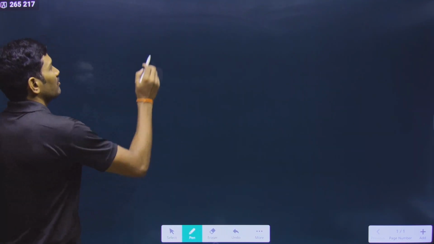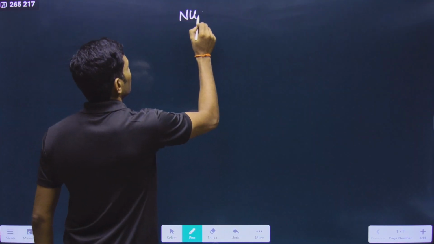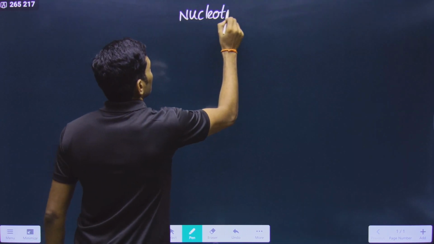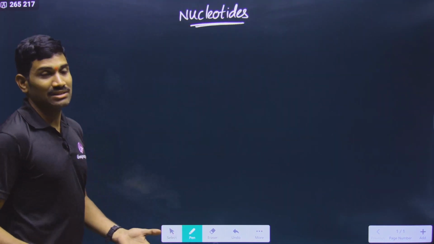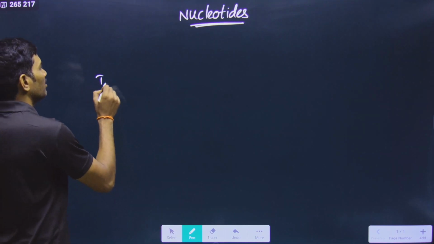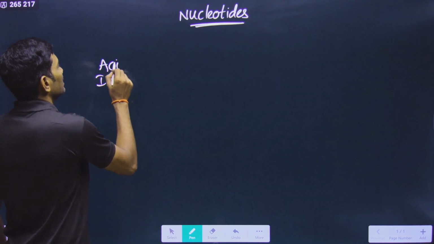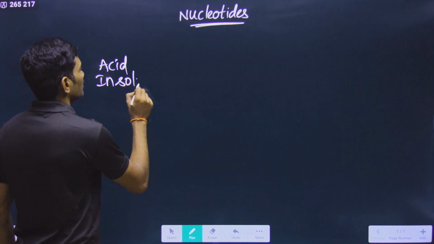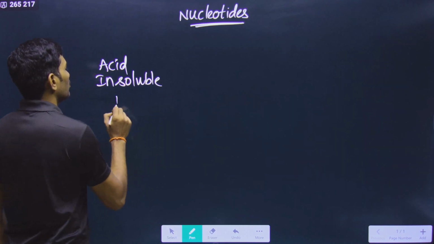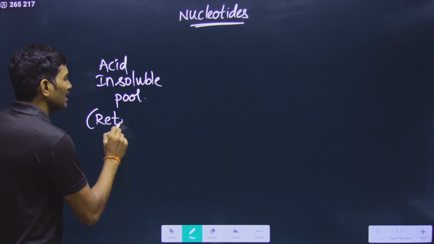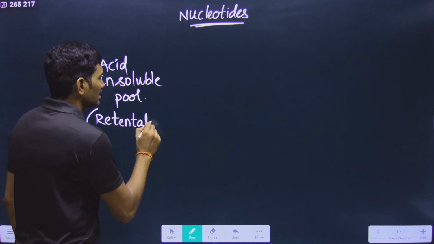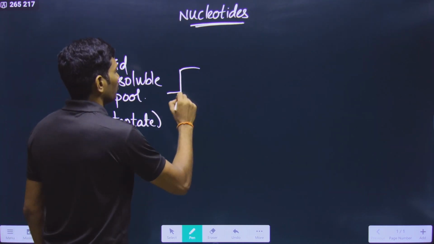Observe carefully: in the previous lecture we studied nucleotides. Nucleotides are the monomers of nucleic acids. If we see the acid insoluble fraction, also called the acid insoluble pool or retentate, in this retentate we are getting 4 components.